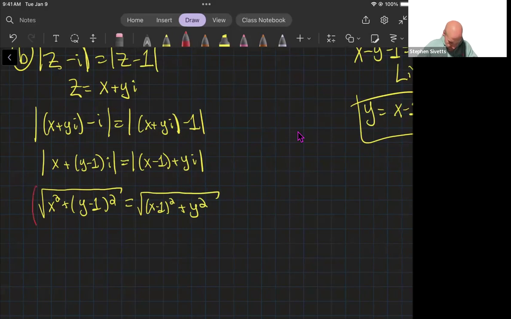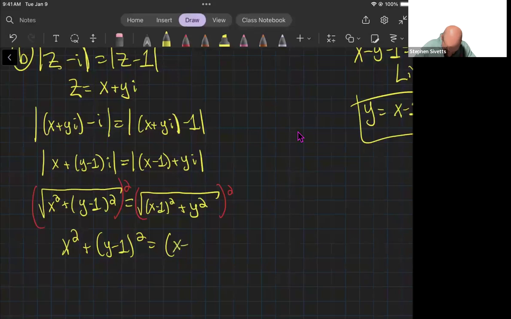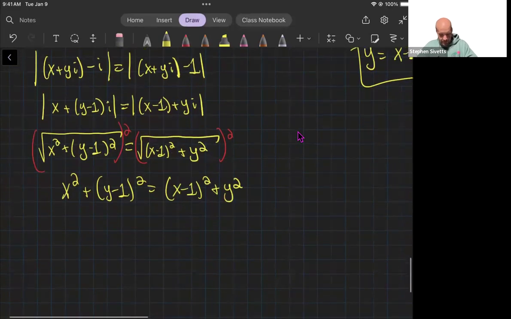Then we can square both sides to eliminate the square root. This gives x squared plus (y minus 1) squared equals (x minus 1) squared plus y squared. From here, it's just figuring out a relationship between x and y. It's going to be an implicit equation, with x variables and y variables on one side.